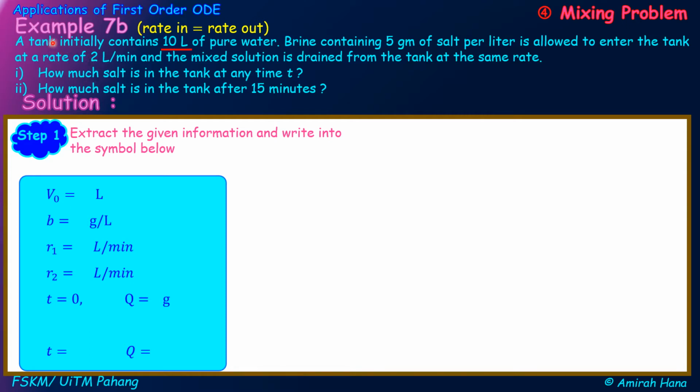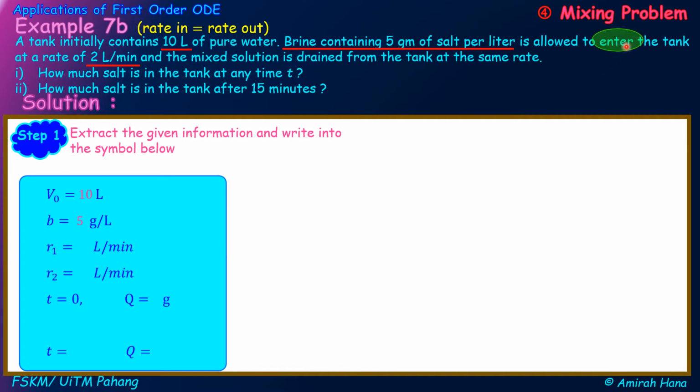A tank initially contains 10 liters of pure water, so 10 liters means V0. Brine containing 5 grams of salt per liter is B. And then 2 liters per minute here.